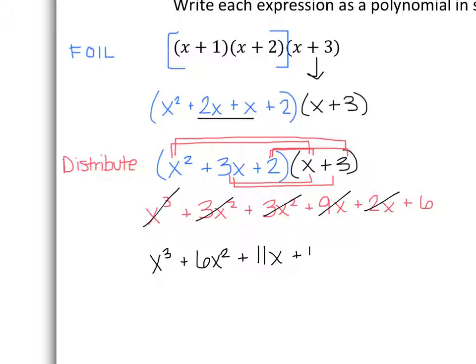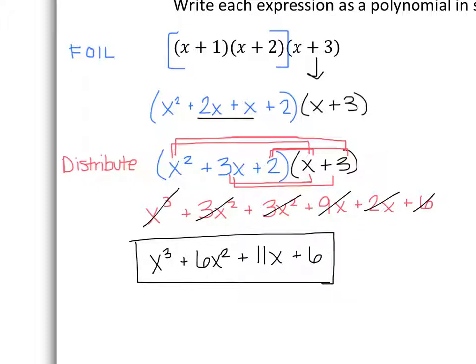And then our plus 6. And that is standard form, so we are done. So last step, combine like terms. So that was factored form to standard form.